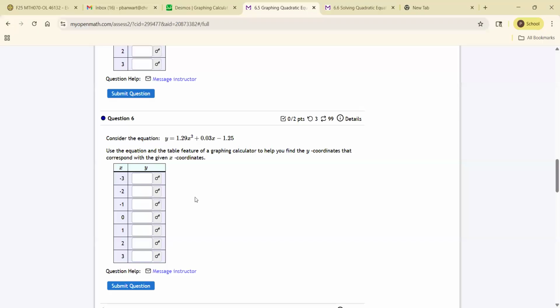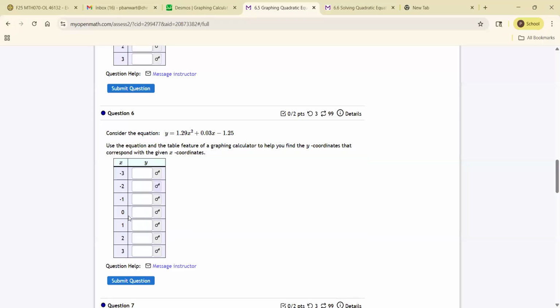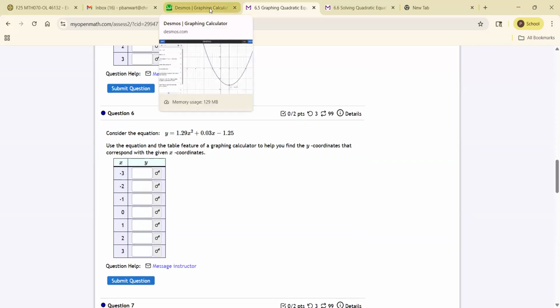Here we want to figure out some information, x and y, from this formula, which frankly is not a super simple formula to work with. I don't really want to have to square -3 and multiply it by 1.29, et cetera, et cetera. So I'm going to put this information into Desmos.